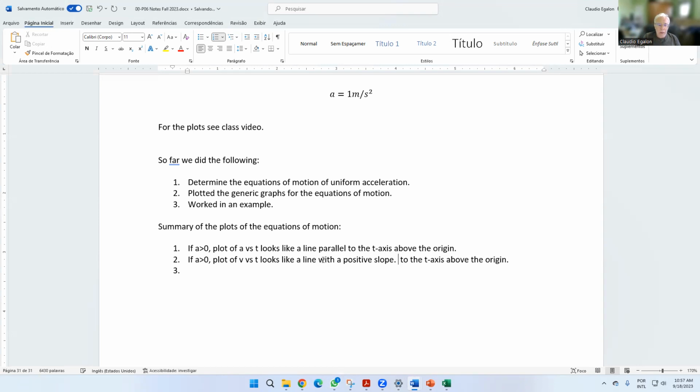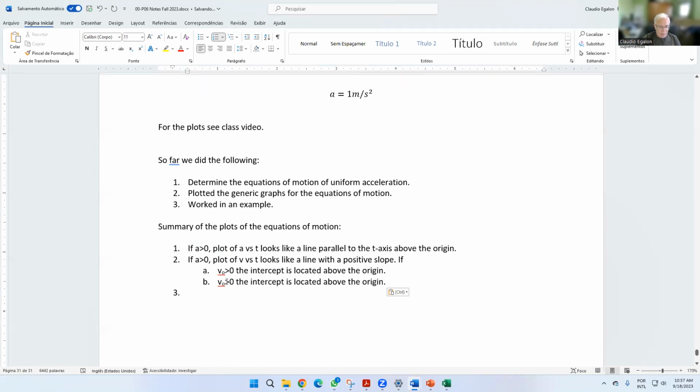Now here we go. If v naught is greater than 0, the intercept is located above the origin, right?